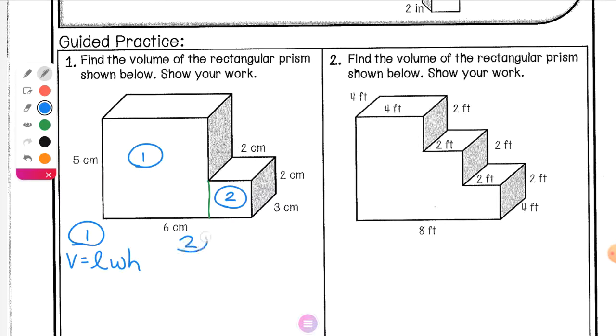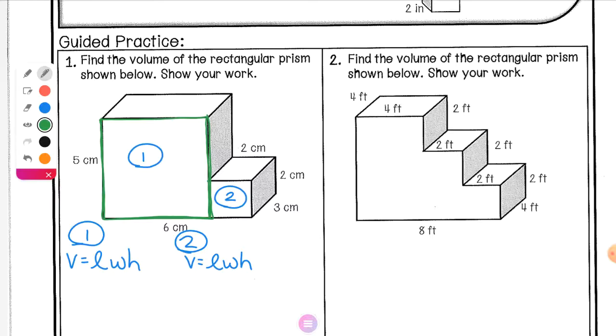Number 2, V equals length times width times height, because they're both rectangular prisms. Now, one of the numbers on the big one is obvious. I am just focusing, and I'm going to color it in. I just need this rectangle for my length and my width.